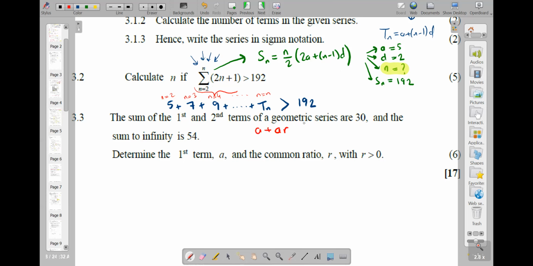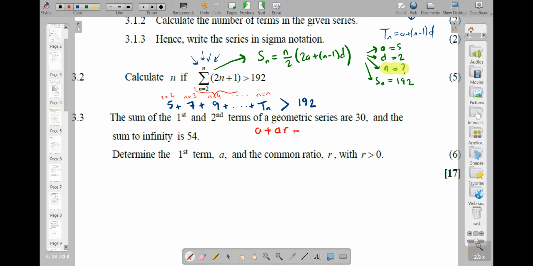Remember, in a geometric sequence the terms are A, AR, AR square, AR cube. If it were arithmetic, it would be A plus D, A plus 2D, A plus 3D. This is geometric, so we write A plus AR.